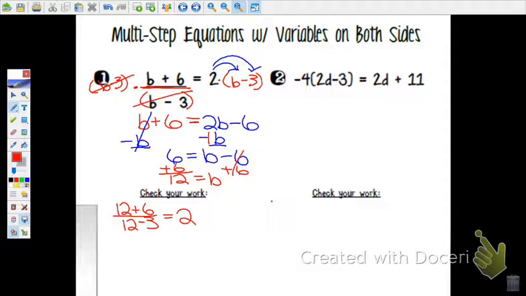We need to check it and see what happens. So what's 12 plus 6? 18 over 12 minus 3 is 9, and 18 divided by 9 is 2. So 2 does equal 2, so I know I did that problem correctly.